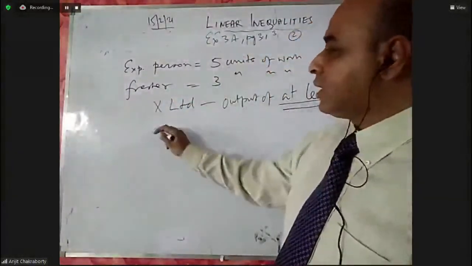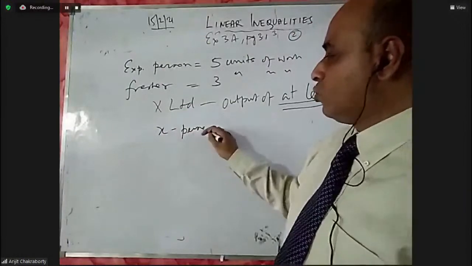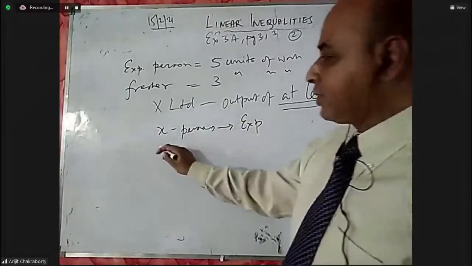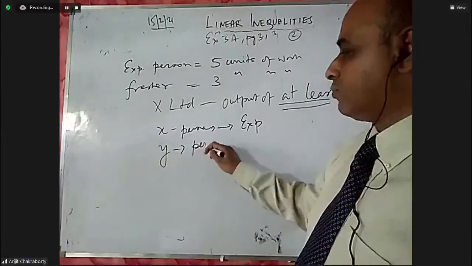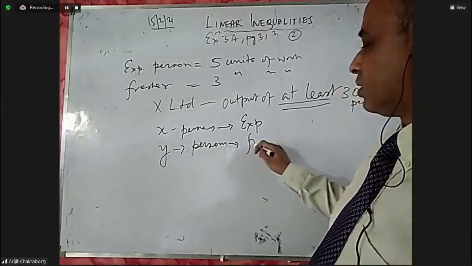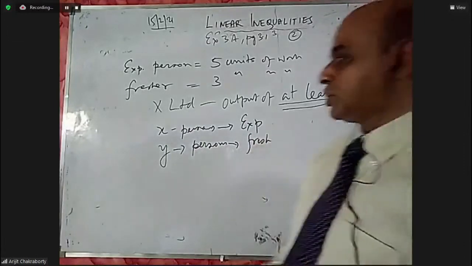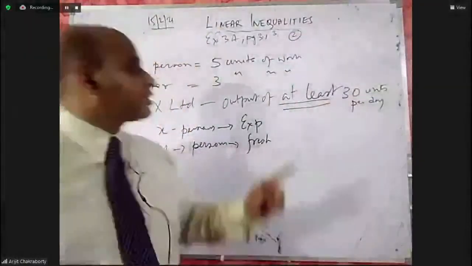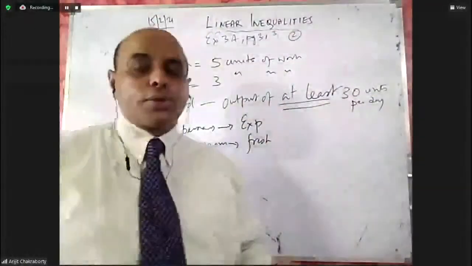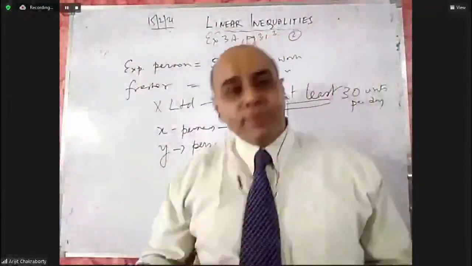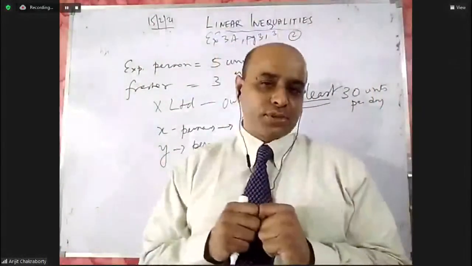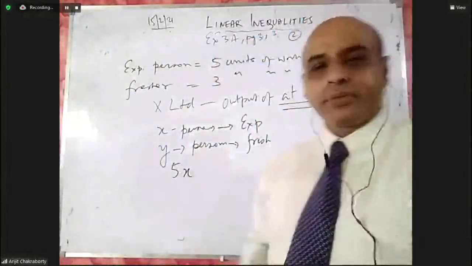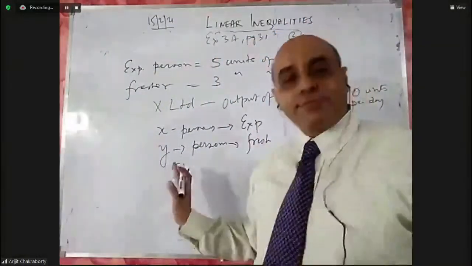So if there are X number of persons who are experienced, I'm writing EXP, and Y number of persons who are fresher, I'm writing FRESH. One experienced person produces 5 units. So if I have X experienced persons, what will be the total output? 5 into X. So I will write 5X. This is for the experienced person.